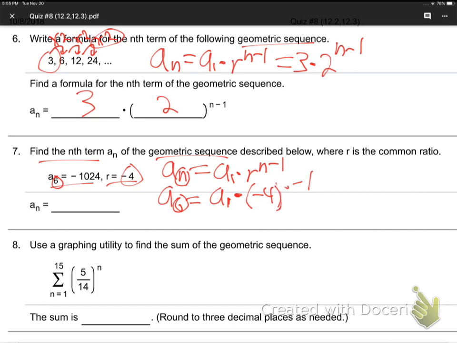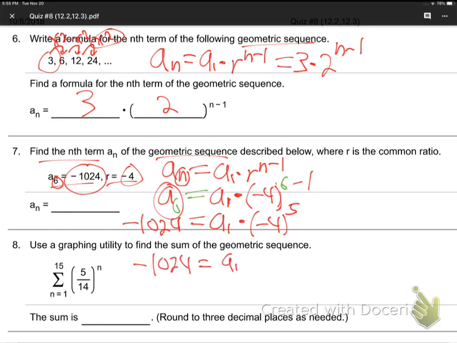See how this is 6, and this is 6. n is 6. So then, what is A sub 6? A6 is negative 1024. It says negative 1024 equals A1 times negative 4 to the 5th.